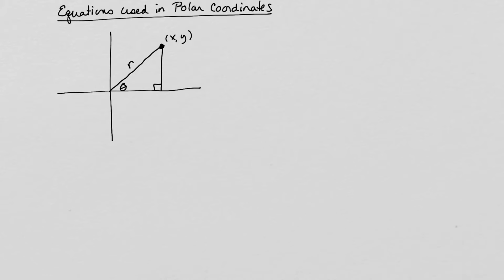If my point is (x, y), I've gone out x and up y, so this side is x and this side is y. We can use the Pythagorean Theorem, which says x squared plus y squared equals r squared, because I have a right triangle.